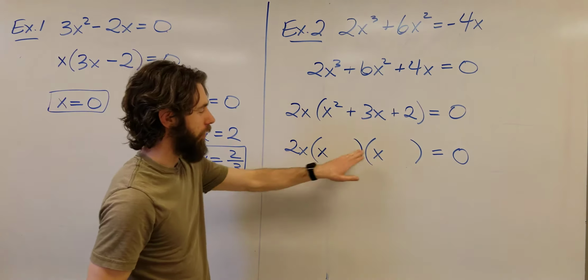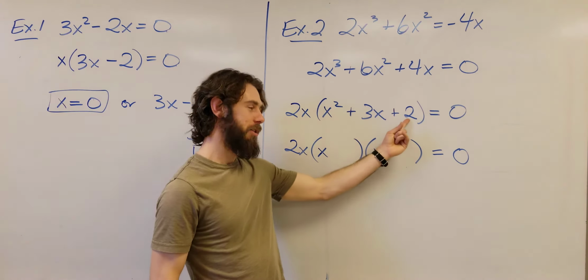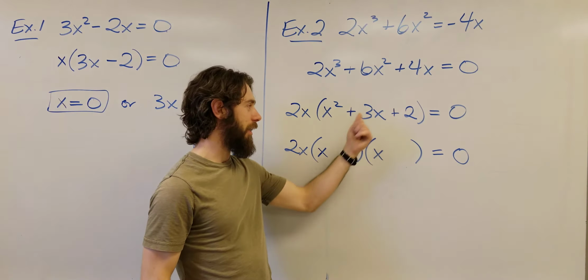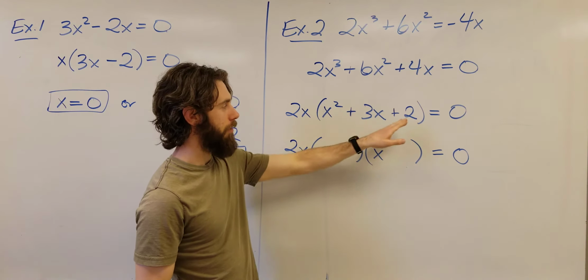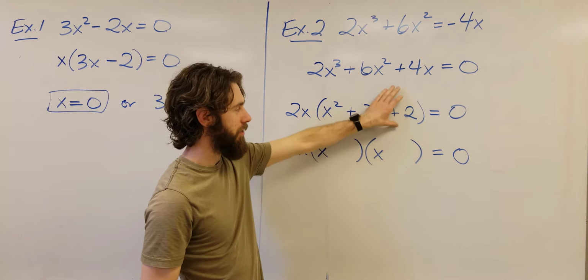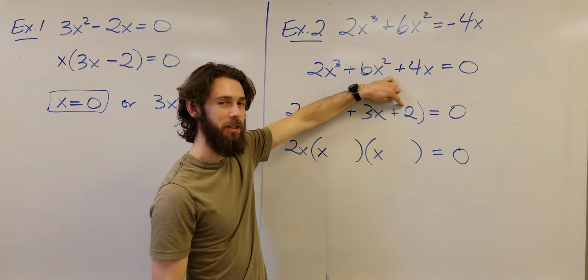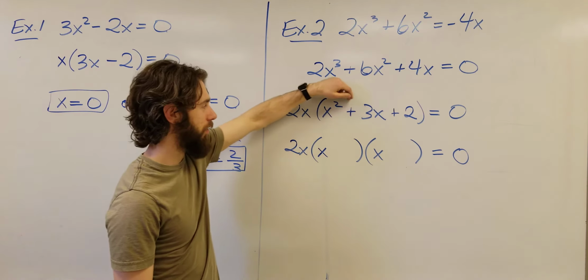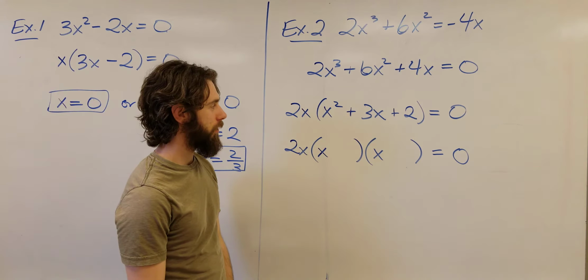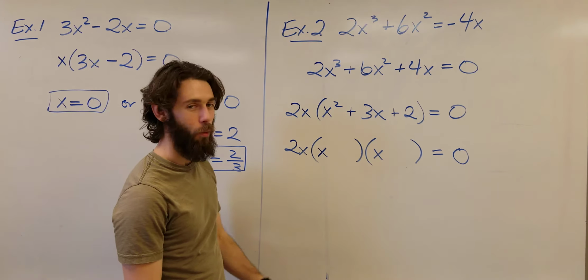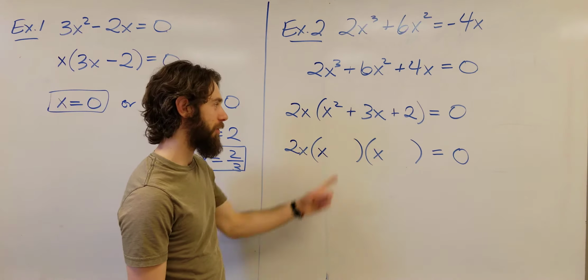Okay, and then we need to figure out what goes here. So what multiplies to positive 2 and adds up to positive 3? That means we need the two positive factors of 2 because they add up to a positive number. All right, so 1 and 2, I think, will do it. 1 plus 2 equals 3.